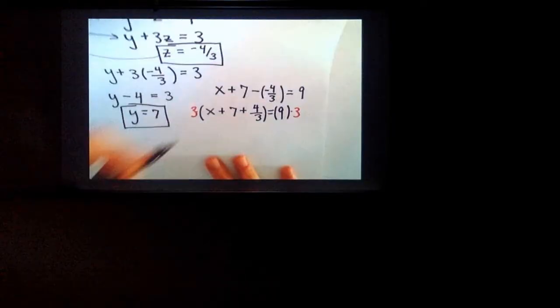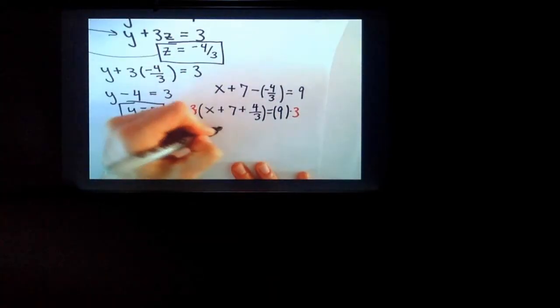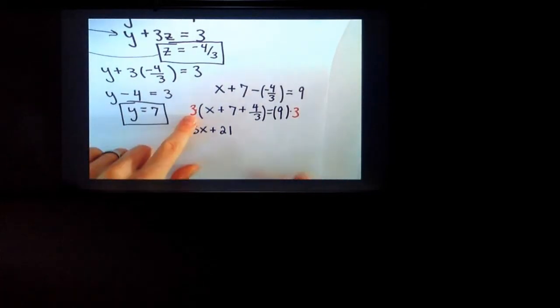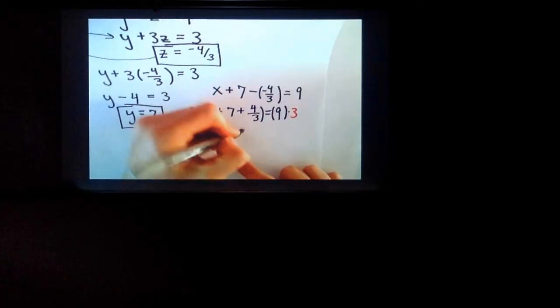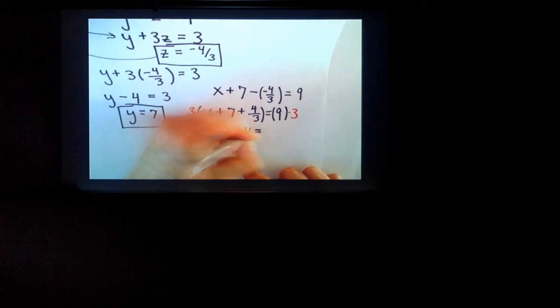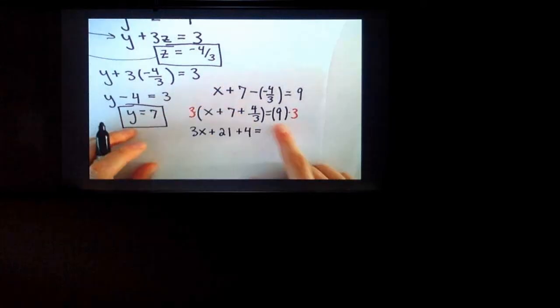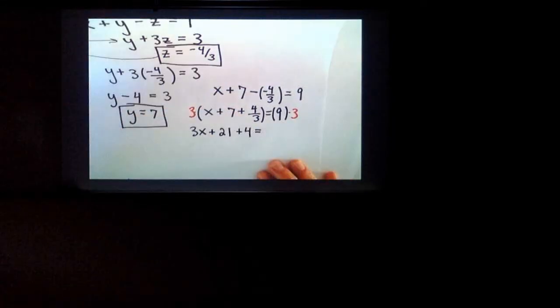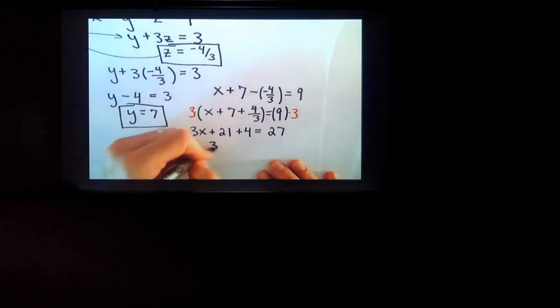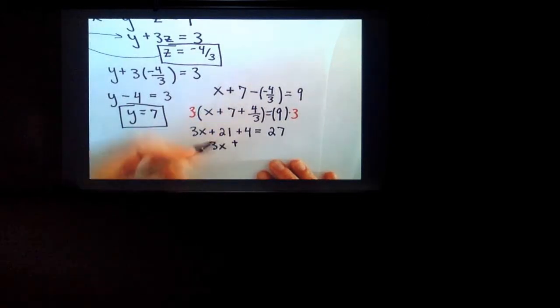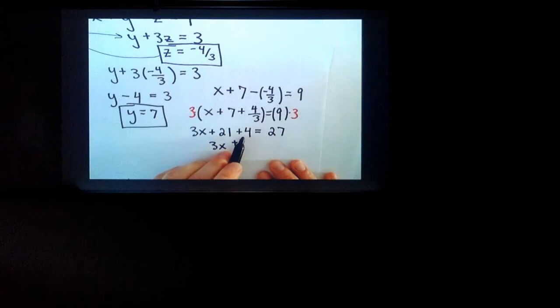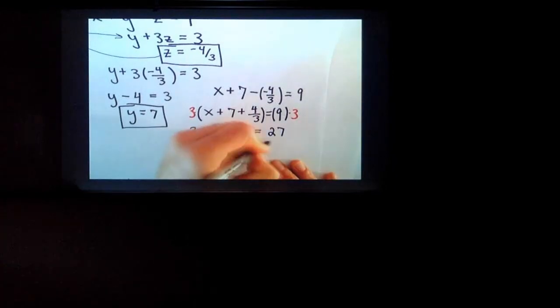So we'll have to distribute that. We'll get 3x. 3 multiplied by 7 is positive 21. 3 multiplied by 4/3 is positive 4. 9 times 3 will be 27. So we have 3x plus 21 plus 4 will be 25.